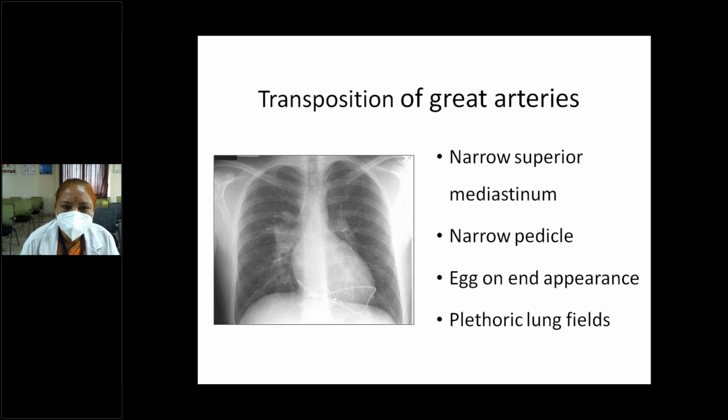Be loud and clear. The aorta arises from the right ventricle and the pulmonary trunk from the left ventricle. That is transposition. The aorta carries impure, deoxygenated blood, and the pulmonary vessels carry pure, oxygenated blood.